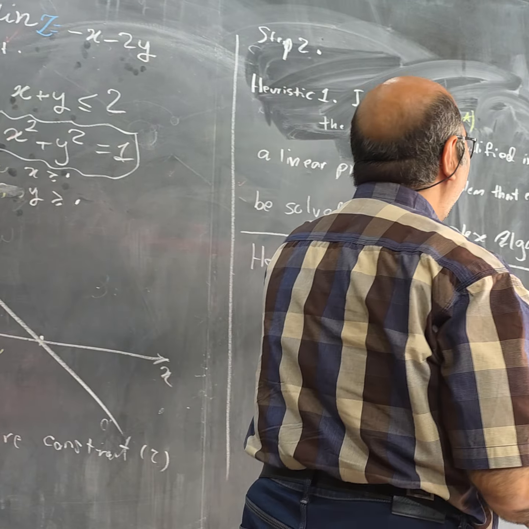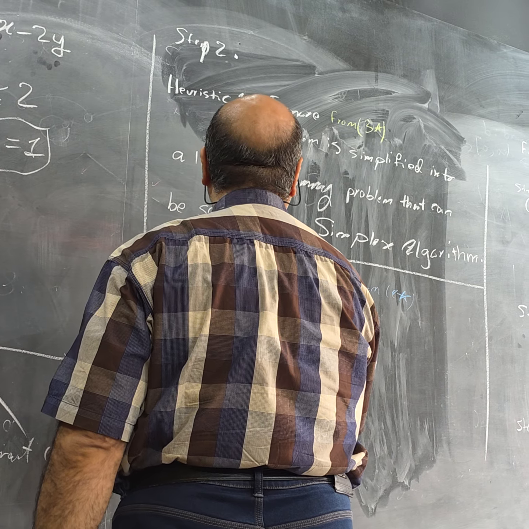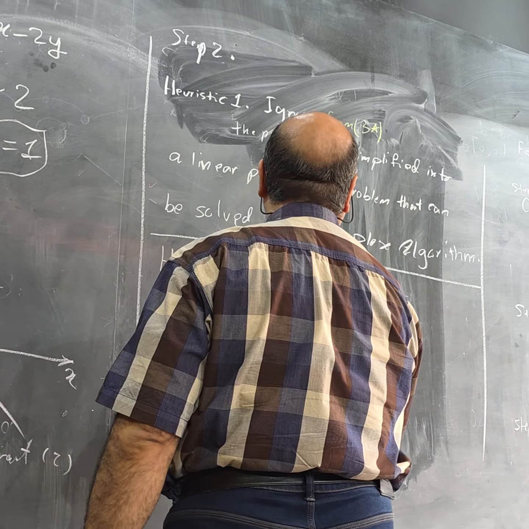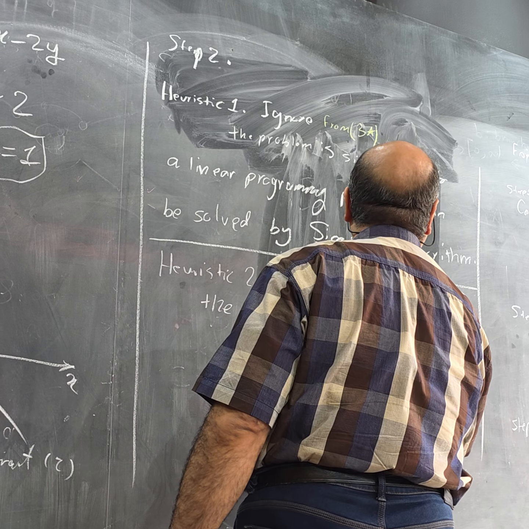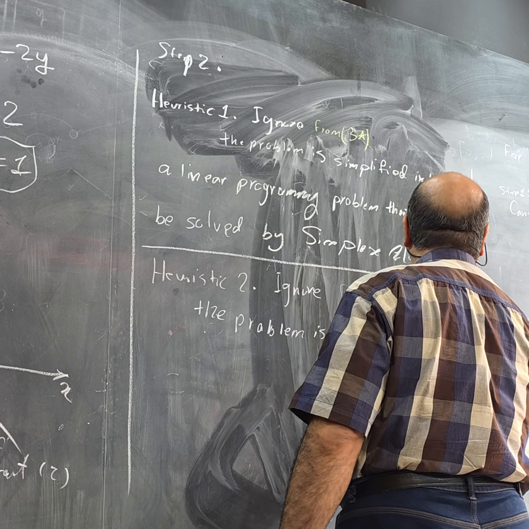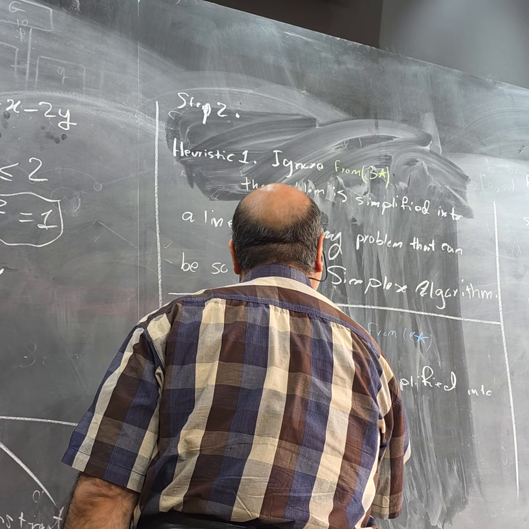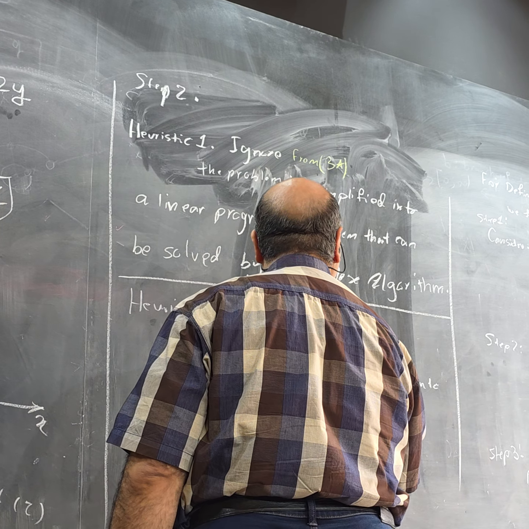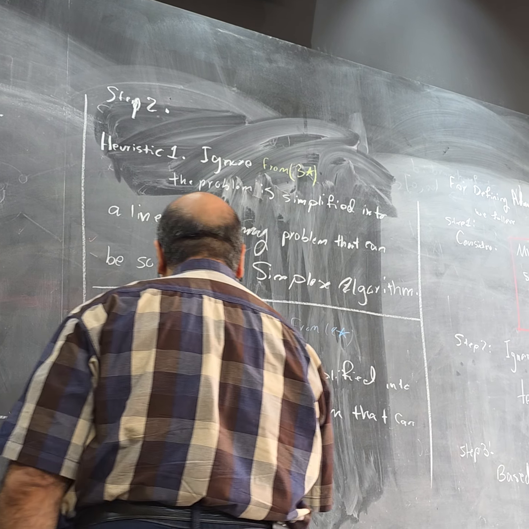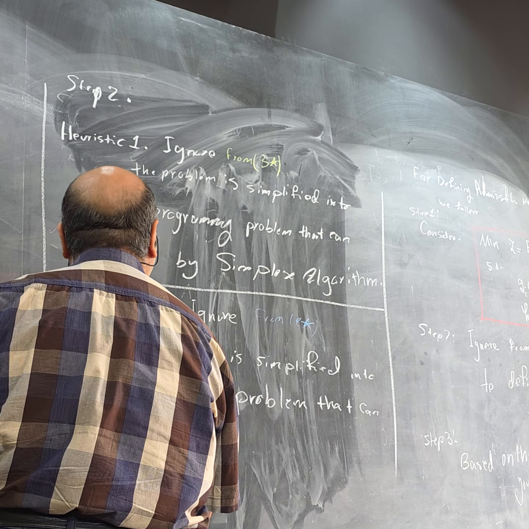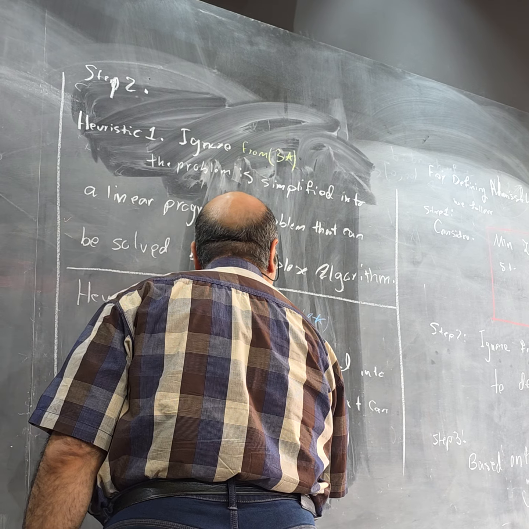Here we ignore 2 star. The problem is simplified into a knapsack problem that can be solved by a greedy algorithm.